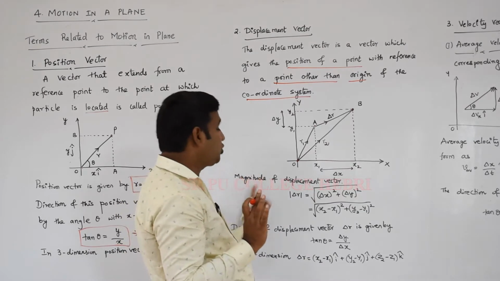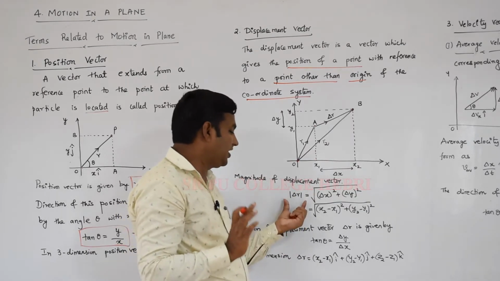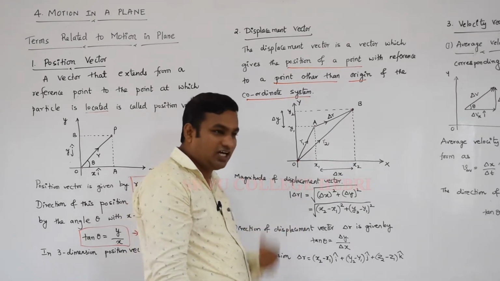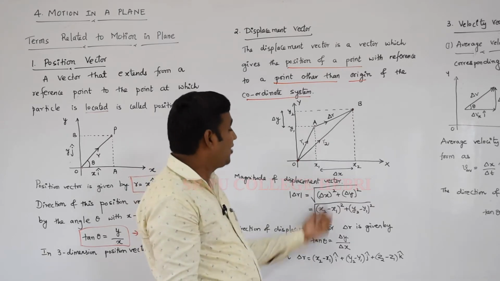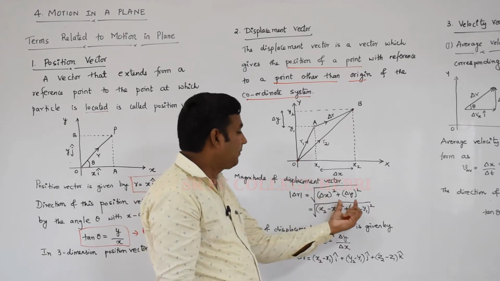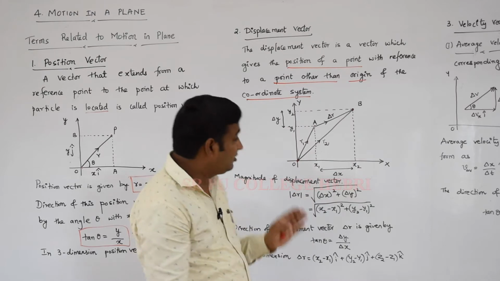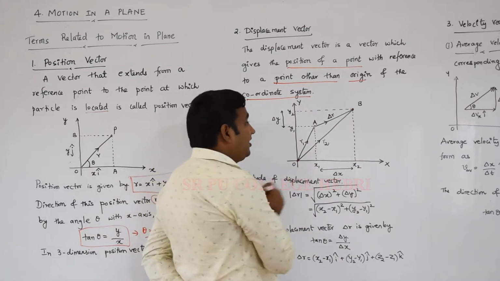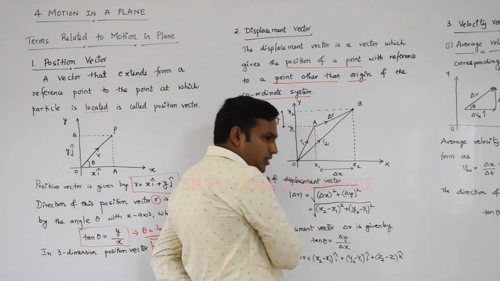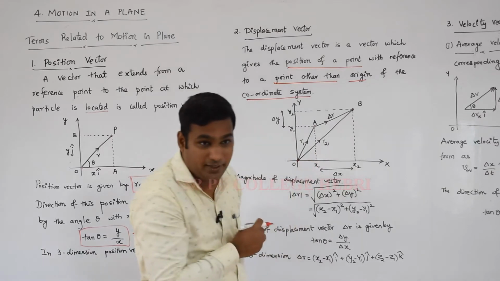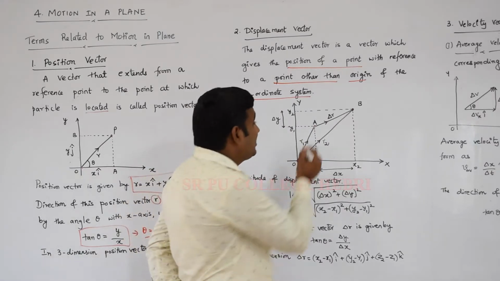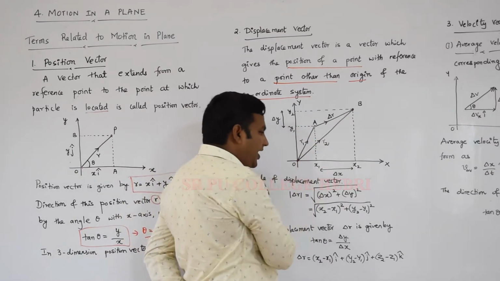And the magnitude of the displacement vector we can take as modulus delta R is equal to square root of delta x square plus delta y square. Here dear student, if I consider position vector R1, it is resolved into how many components? 2 components. One is along the x axis and the other is along the y axis.